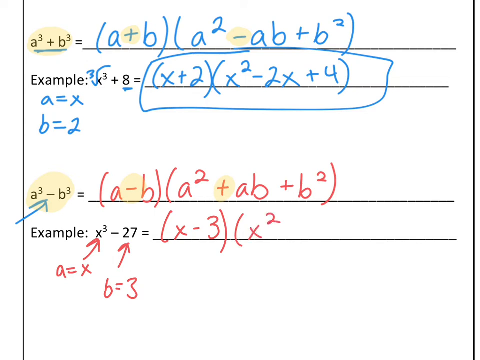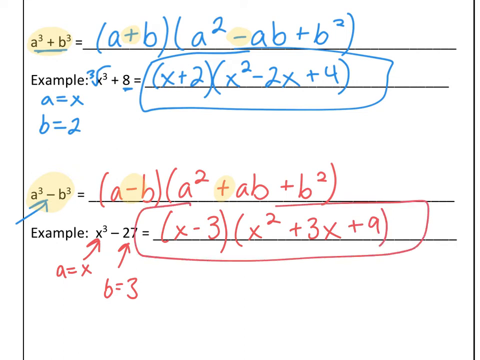What's A times B? 3X. And B squared. 9. That's it. That is all, folks. Questions?